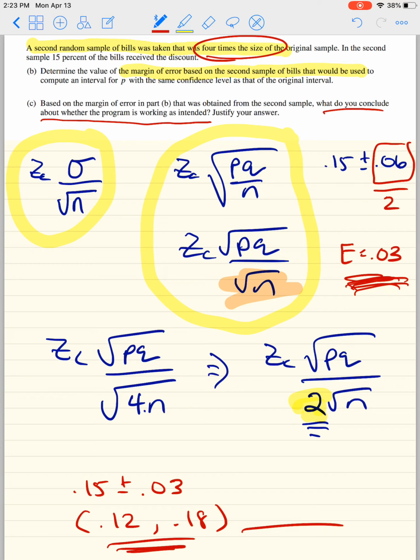It's not in this. It's in the rejection region. So the interval does not include 0.20. And so there is convincing evidence that it is not generating the discount with a probability of 0.20. Remember, it's giving us any number between 0.12 and 0.18. So it's not generating 0.20. And that's basically how you do this problem.